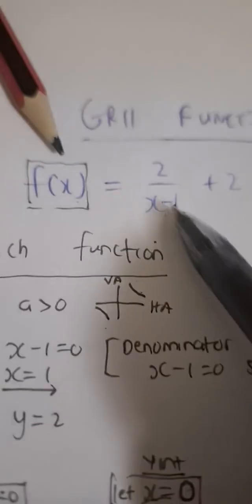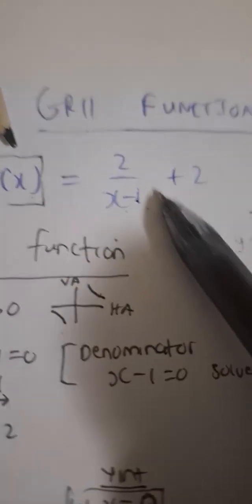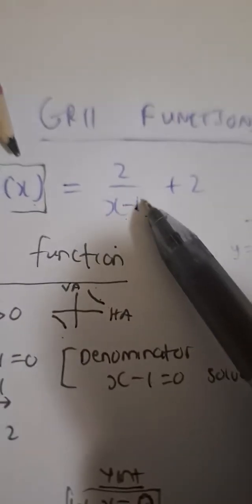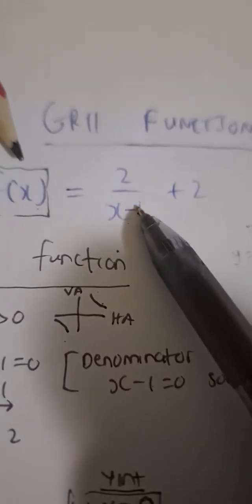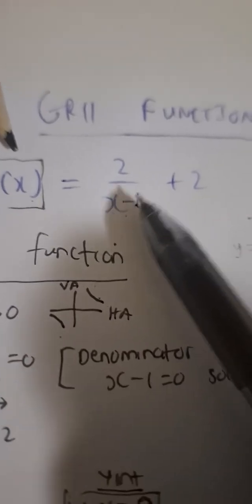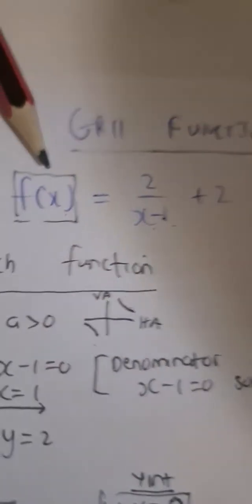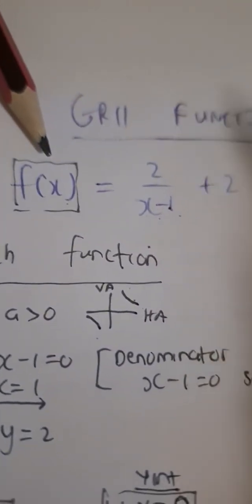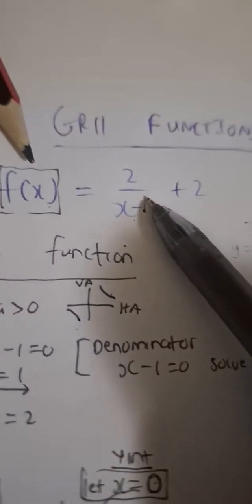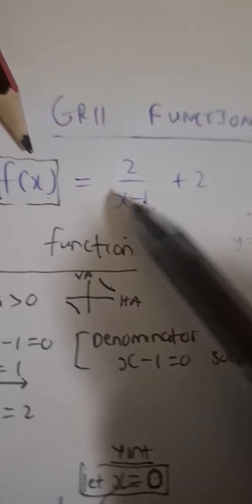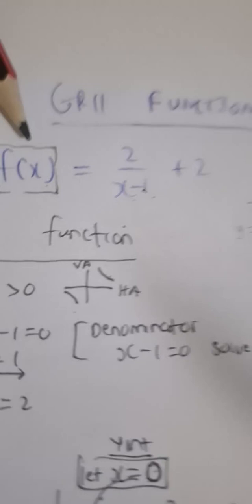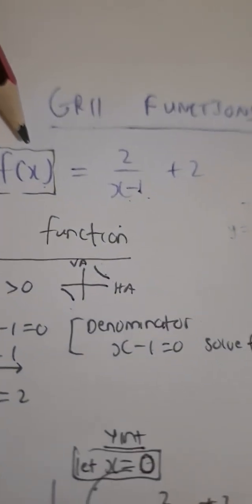Then the equation of the vertical asymptote is based on the inverse of the constant term in the denominator. So if it's negative 1, it means the equation is x is equal to positive 1. It's always the opposite sign, opposite number of the constant term in the denominator.